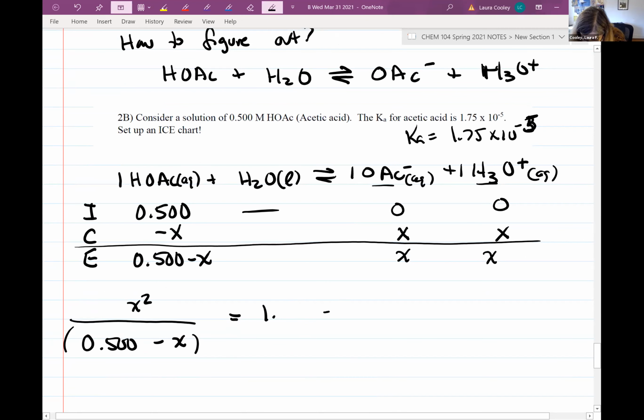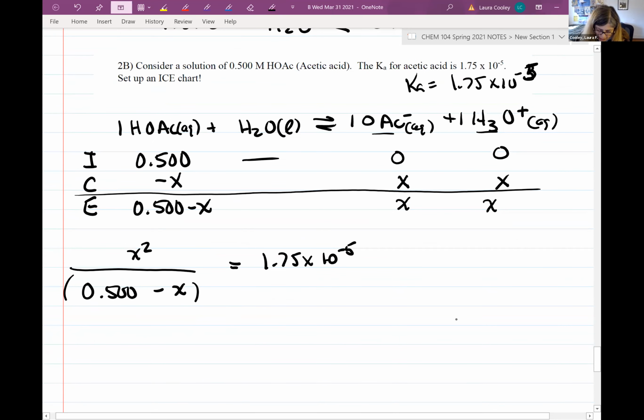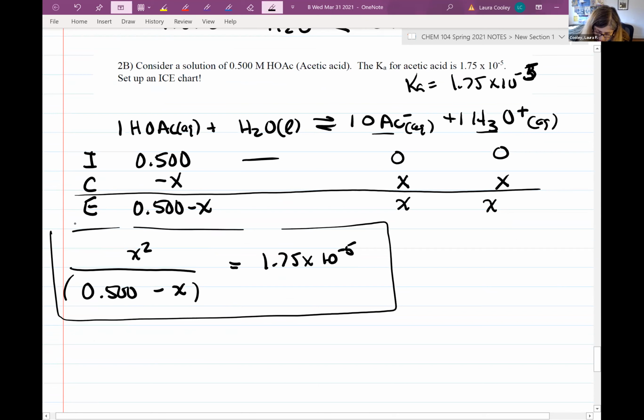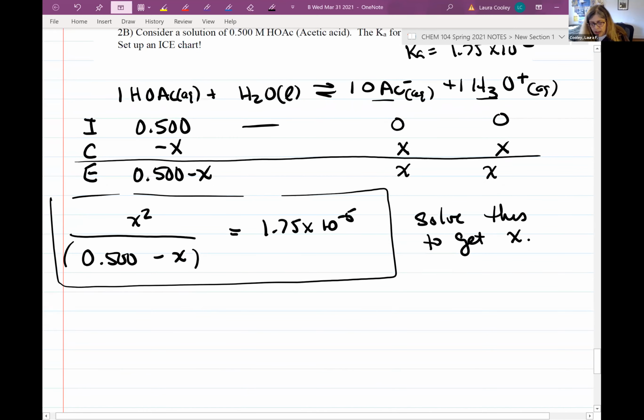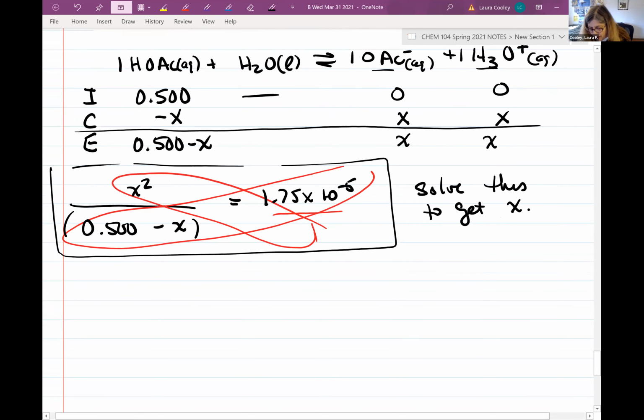So 1.75 times 10 to the minus fifth. So I have this equation here, and I need to solve this to get x. So how would I do that, right? This is one of those cases where you cross multiply, you have a quadratic, you'd have x squared equals 1.75 times 10 to the minus fifth times 0.5 minus x.